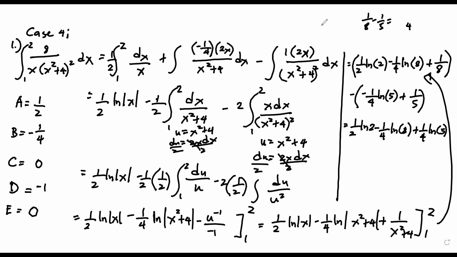Negative 3 over 40. Opo. So we'll have negative 3 over 40: 1/2 ln 2 minus 1/4 ln 8 plus 1/4 ln 5 minus 3 over 40.